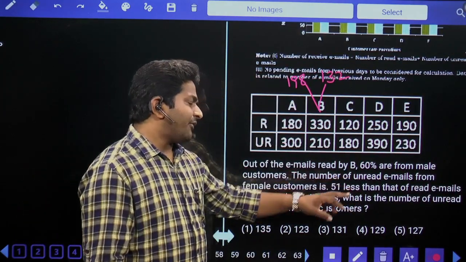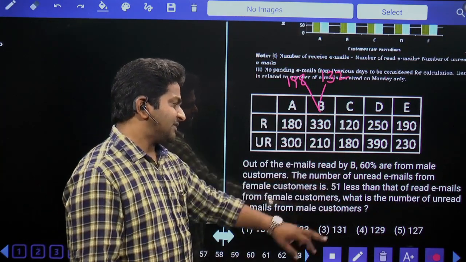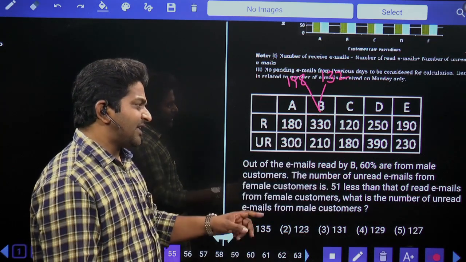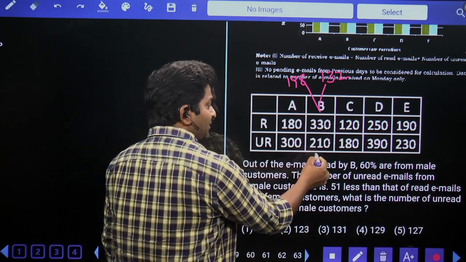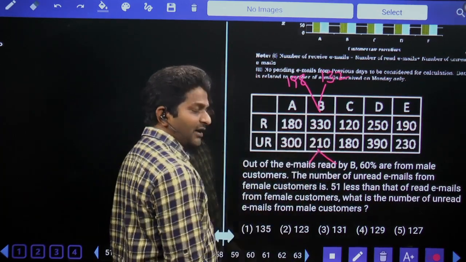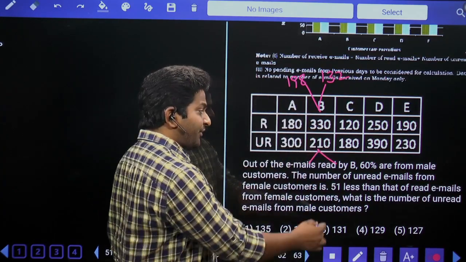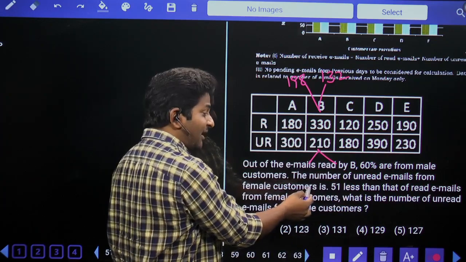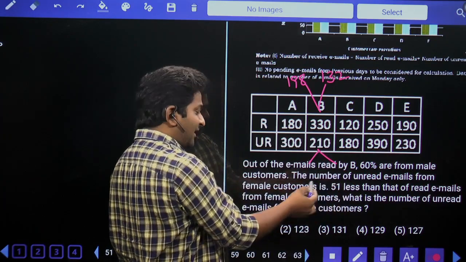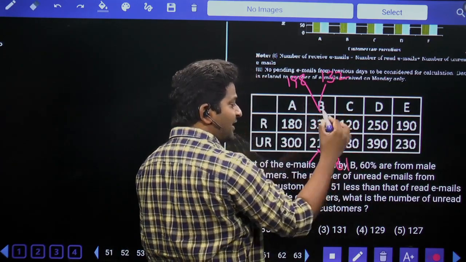Number of unread emails from female customers is 51 less than read emails from female customers. So now out of 210, again there are male and then female. Female unread emails is 51 less than the read emails, 51 less than this number is equal to 81.